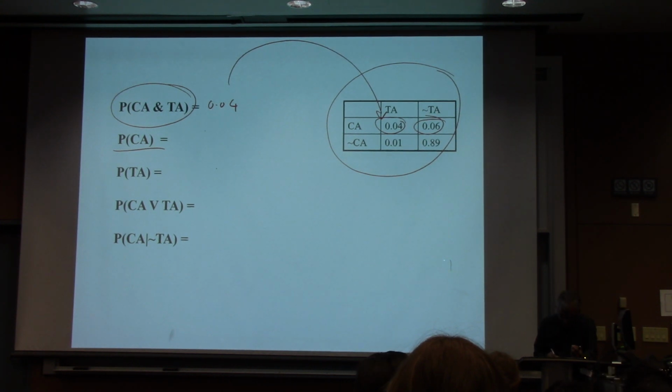So this is nothing but the sum over toothache, true and false, of the probability of cavity and toothache. You see what I just said? This has a fancy name. It's called marginalization.